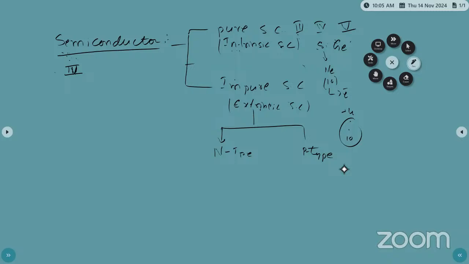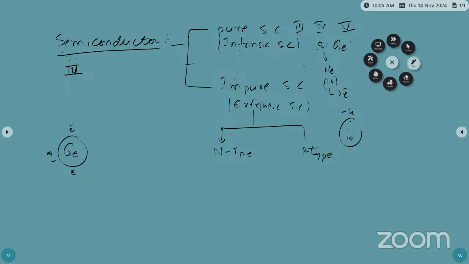So now you can take one N-type. First, we'll take the N-type semiconductor. Tell me one pure semiconductor. Let's take germanium. The germanium is having how many valence electrons? Germanium is having 4 valence electrons.